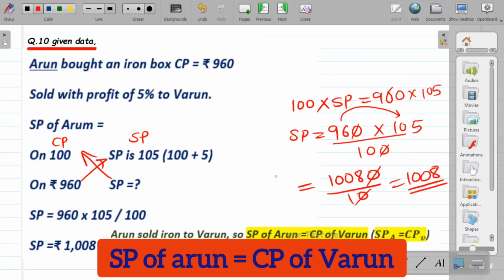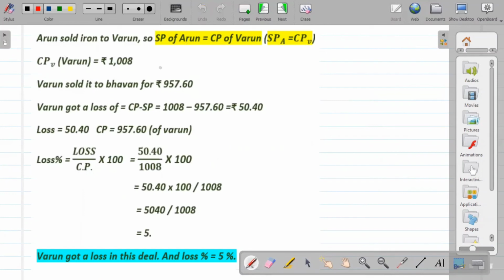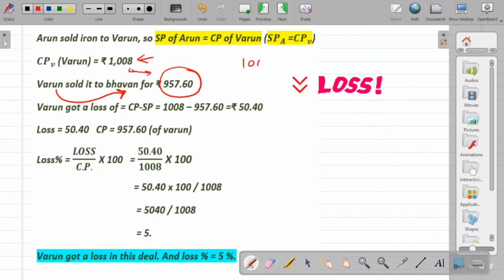Now this is the second part of the question. ठीक है, वरुण ने क्या किया? वरुण को वो आयरन बॉक्स पसंद नहीं आया, तो वरुण ने फिर से वो आयरन बॉक्स भवन को बेच दिया ₹957.60 रुपीज. नाउ जस्ट नाउ वी हैव सीन कि वरुण ने खरीदा था 1008 रुपीज में एंड उसको बेचा 957.60 रुपीज में. सो इट इज अ क्लियर कट लॉस.